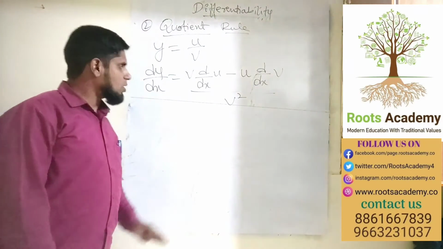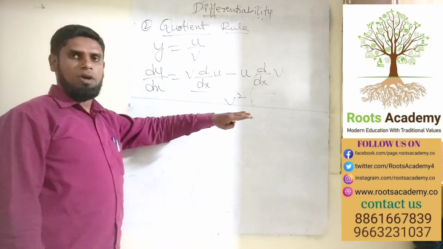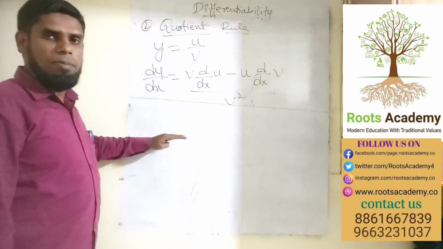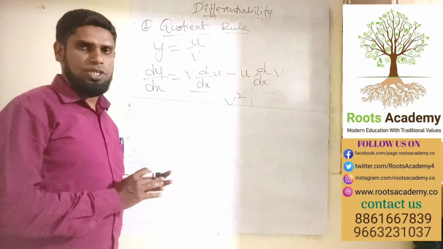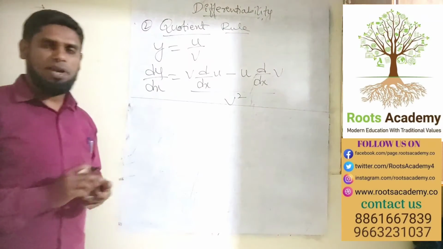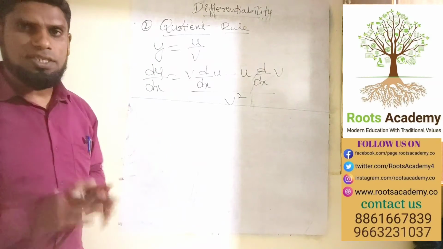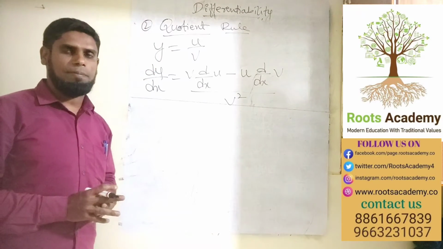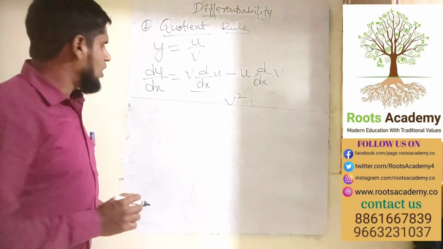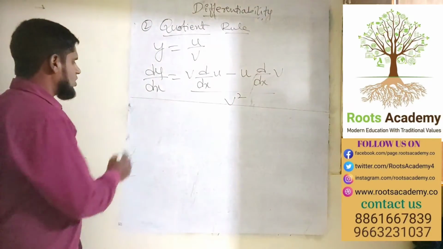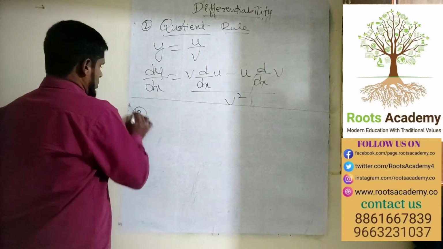Now students, till first PUC we have this concept, and we studied problems based on product rule and quotient rule as well as addition and subtraction of the functions. Now students, let us start the second PUC chapter, second PUC topics, and in that the first topic, that is the third rule of differentiation, is chain rule.